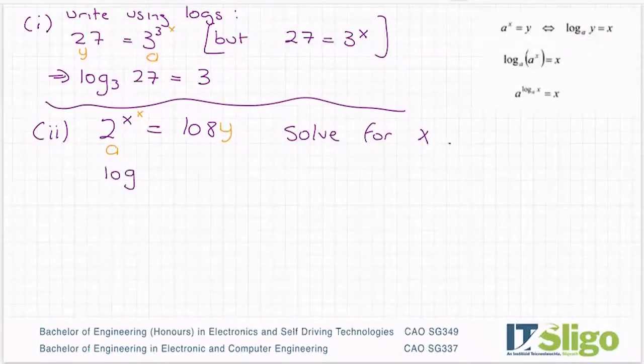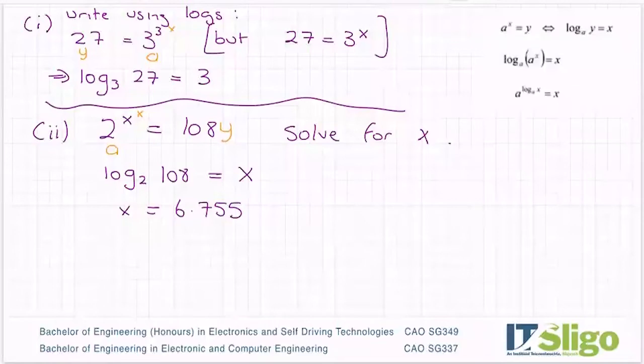Log to the base A, which is 2, of Y will give me X. Into your calculator, hit that log button, enter in the base 2, enter in 108, and you can see that you get an answer of 6.755 to 3 decimal places for X. There's no way you'll be able to do that in your head because it's not a natural number. So this is where logs come out on their own. You use logs when what you need is in the power.